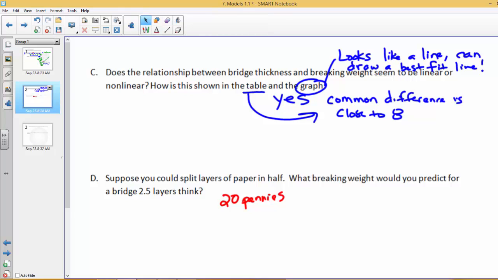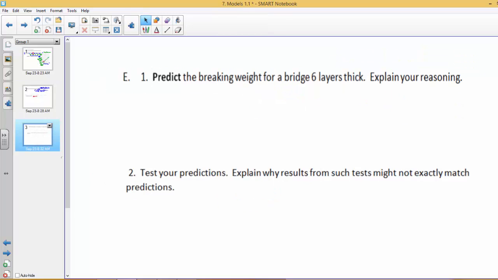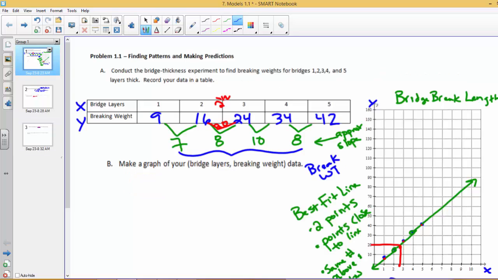And then you're going to be asked to predict for a thickness of 6. We are going to predict the breaking weight for 6 layers, going back to the table, and this is layer 6. So again, my average slope is 8. So if you add 8 to this, you would get 50. That's one way to predict it.